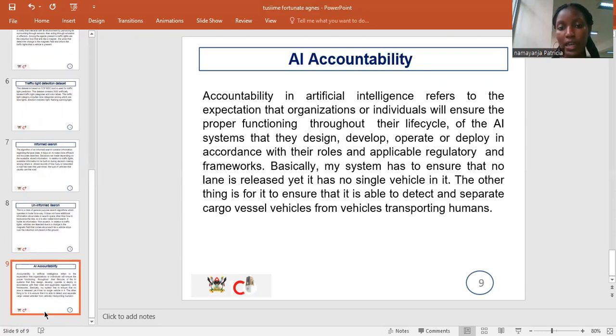So basically, for AI accountability, my traffic lights project has to ensure that no lane is released when it has no single vehicle in it, because that would lead to wastage of time and resources. The other thing is that the traffic lights are supposed to ensure that they are able to detect and separate cargo vessel type vehicles from vehicles transporting human beings.